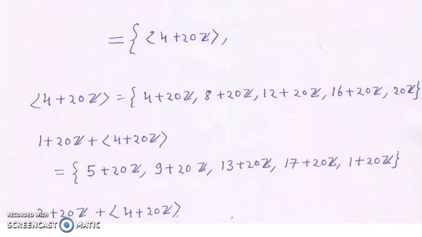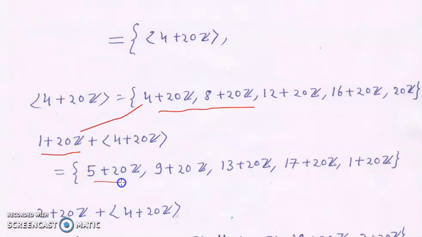So let us see. We have the subgroup generated by 4 plus 20Z, and as we have seen, it has these many elements. Now in these cosets, 1 plus 20Z is absent, so let me determine the coset 1 plus 20Z plus the subgroup. We add 1 plus 20Z to each of these elements: we get 5 plus 20Z, 9 plus 20Z, 13 plus 20Z, 17 plus 20Z, and then 1 plus 20Z.